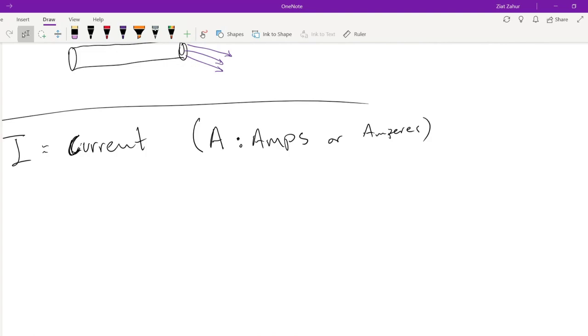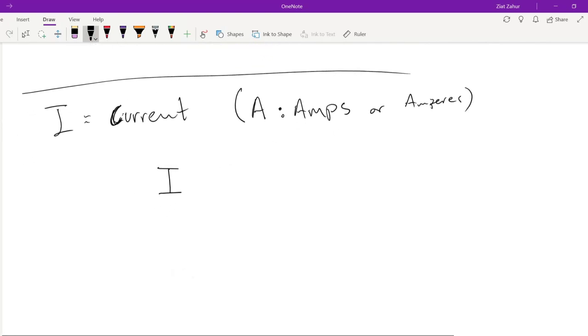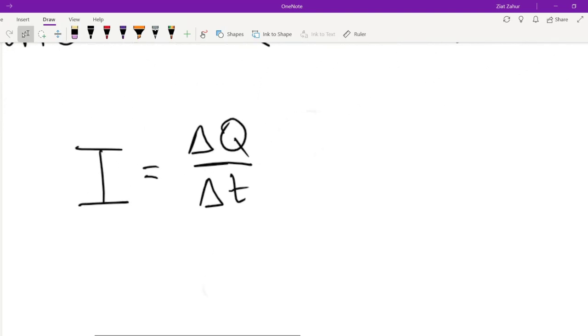Now what is current? Current, I. Current I is how much charge you're getting per second. So current is essentially the amount of charge, delta Q, over delta T. Okay, charge per second. Remember, Q is the variable for charge.